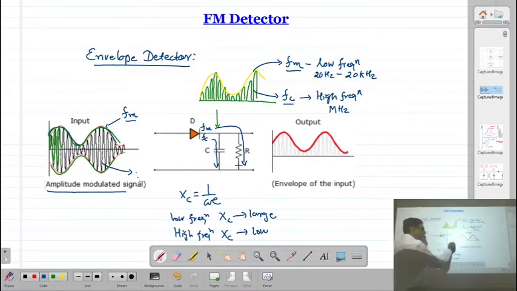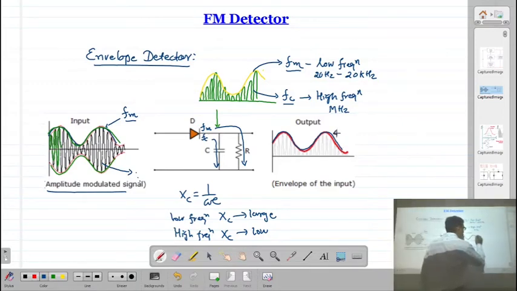The voltage produced is nothing but the envelope of my modulated wave, and that is actually your information fm.